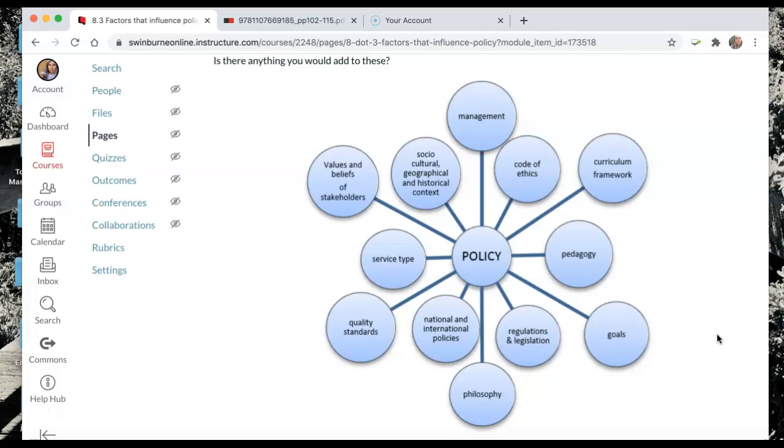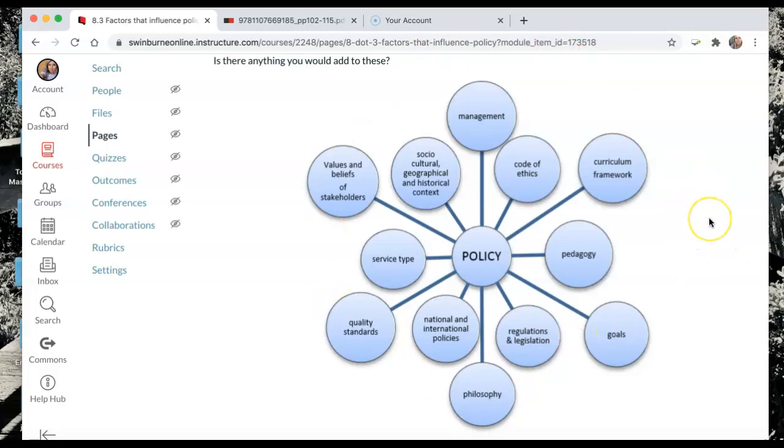So when you think about your assessment too, you could be looking at this particular diagram and thinking about the impact of the stakeholders, what pedagogical approaches and pedagogy comes into your particular policy, the goals, the philosophy of the centre, curriculum codes, all of those different regulations and laws that we need to connect to.